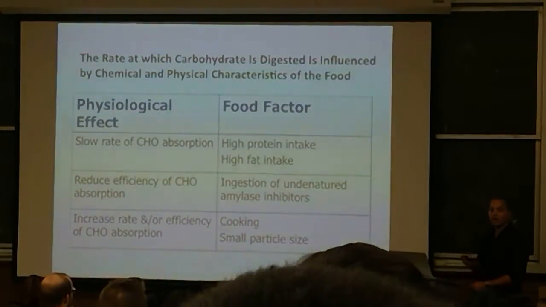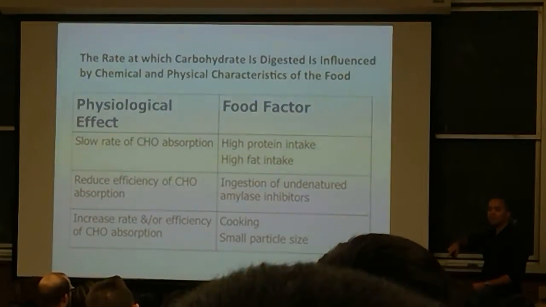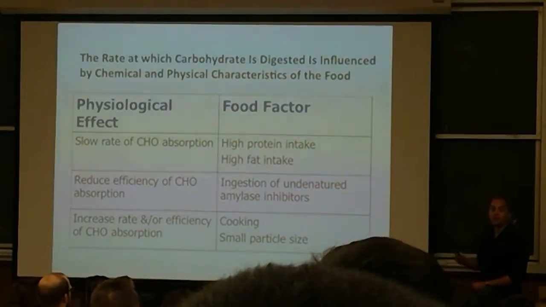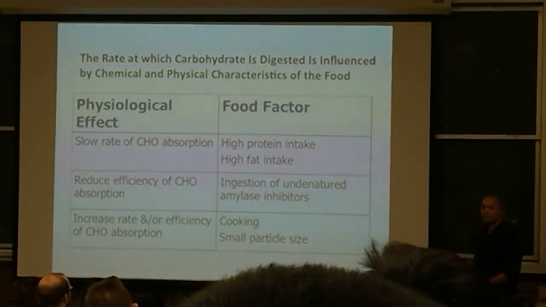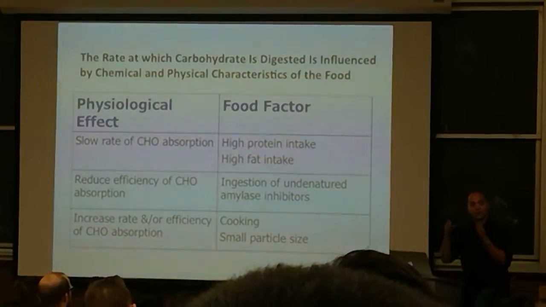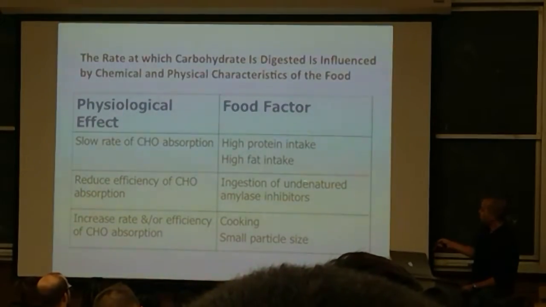And this is one way to help control the spike diabetic patients get in their glucose after eating. So if you take inhibitors of amylase or other enzymes that are breaking down the sugar, it slows the breakdown, slows the absorption, and decreases that glucose spike after eating. So sometimes this is a good thing. So it'll reduce efficiency of carbohydrate absorption.